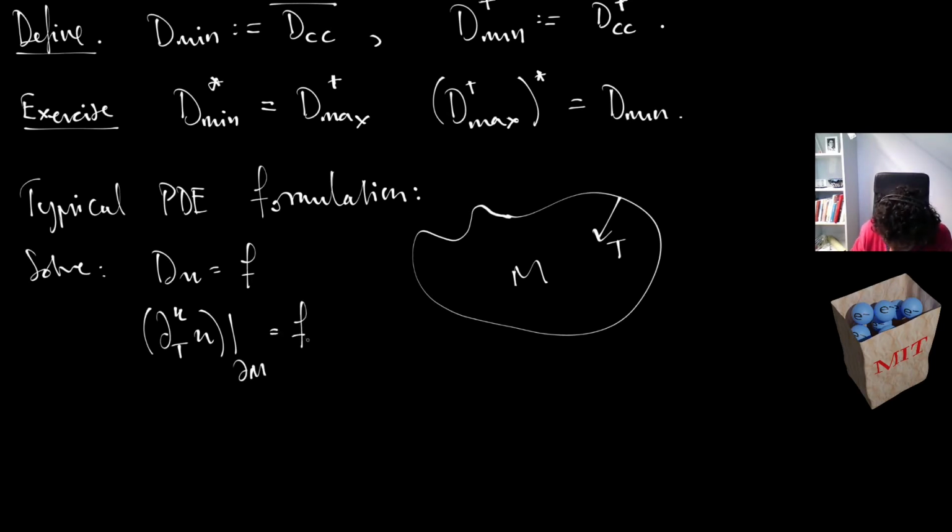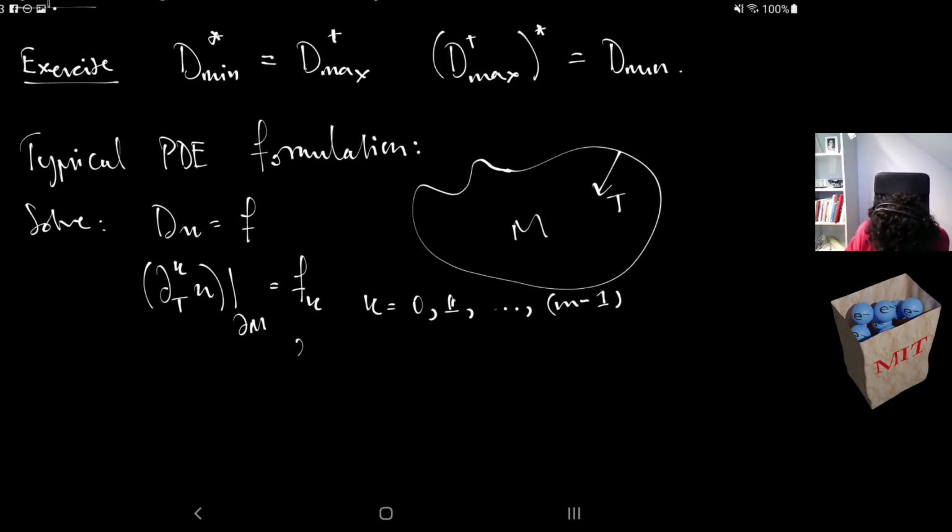We want this to be equal to some f k, and this is for k equals 0, 1, up to m minus 1. Conceptually, if we had up to order m, it would be an over-constrained problem. So these f k's here are measurable sections of some sort.